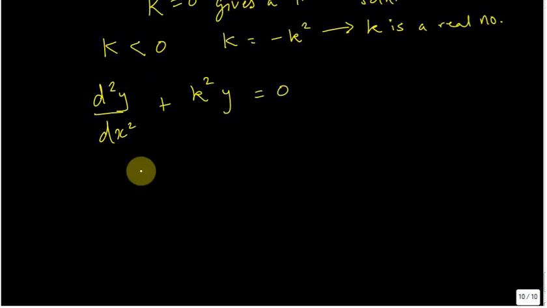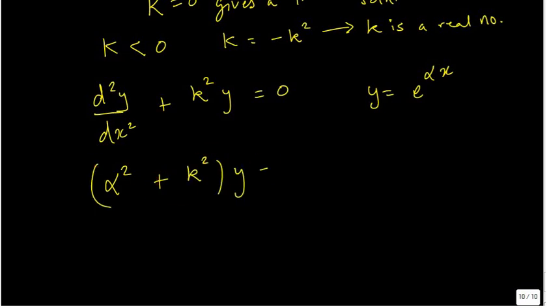Let's use this. So let's make y is equal to e to the power some constant times alpha x. Now the constant could be minus, plus, could be some number, let's see. So what it gives me is the double differential would give me alpha square y plus k square y equals 0, which gives me alpha is equal to plus minus ik.